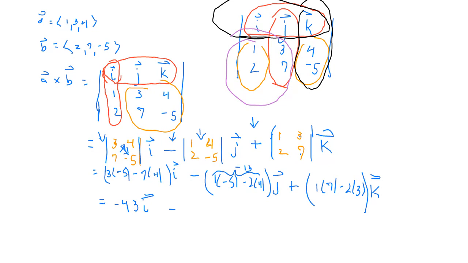And a negative times a negative is a positive, so that's a plus 13J. Okay, and this here is just what? That's 1, right? So you get plus a 1K. This here, of course, was negative 43. And that's your answer. That's how you compute the cross product.